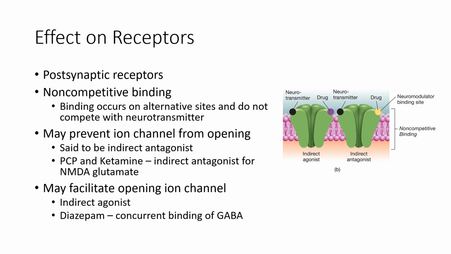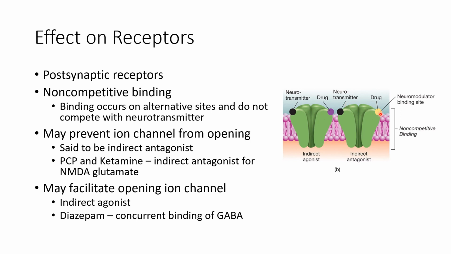So if it is an indirect antagonistic response, now we say indirect because it is not binding to the neurotransmitter receiving site here. And if it's an indirect antagonist, what that's going to do is, again, bind to a site that is not the neurotransmitter site, but it is going to inhibit the effects of the neurotransmitter.